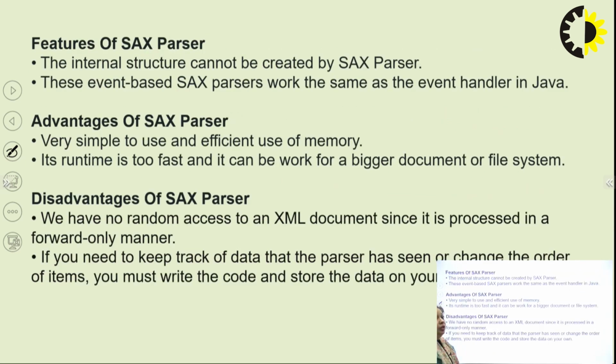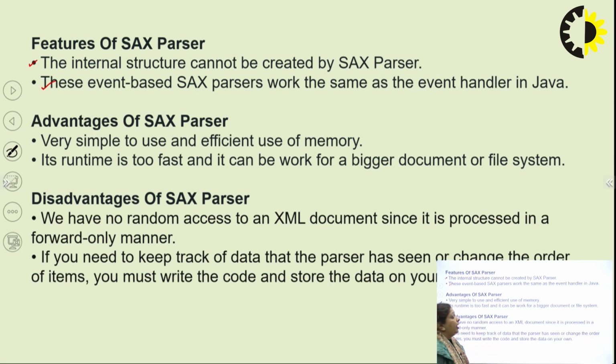Now if we talk about the features of SAX, a SAX parser will never create any internal structure like we have in a DOM parser. So this is the first feature, that there is no internal structure created by a SAX parser. Then a SAX parser is an event based parser which will work the same way as events are handled in any Java program.